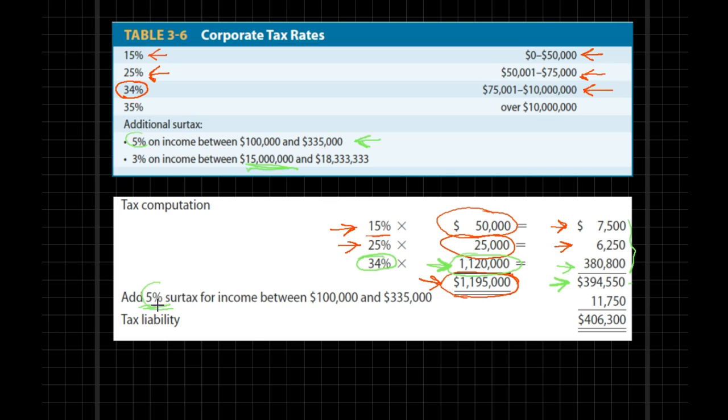So because we have to pay this 5% additional surtax for our income between $100,000 and $335,000, this will add up to an additional $11,750. When combining this with our previous subtotal of $394,550, we come across this final result of $406,300. So this would be our tax liability.